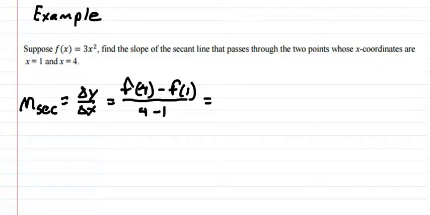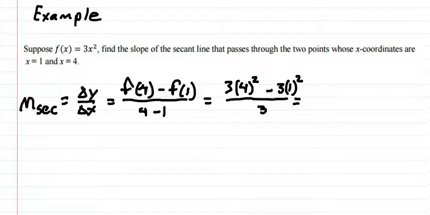Now we plug 4 and 1 into the function, which is 3x squared. So the slope of the secant is equal to 3 times 4 squared minus 3 times 1 squared all over 3. And this is equal to 45 over 3. And this is equal to 15.